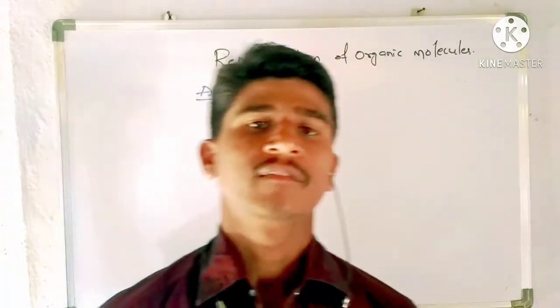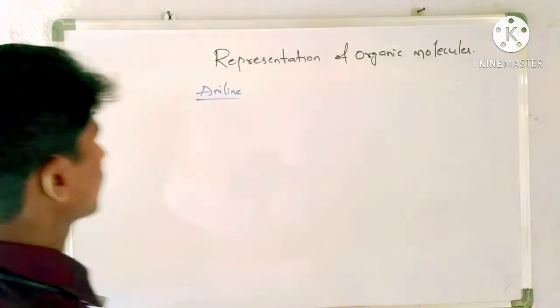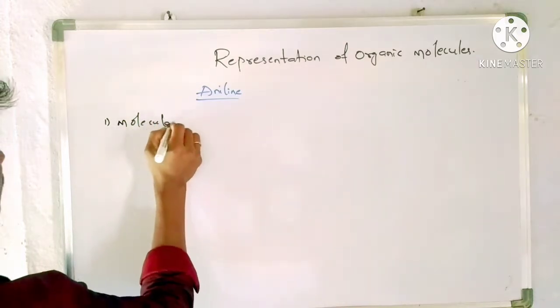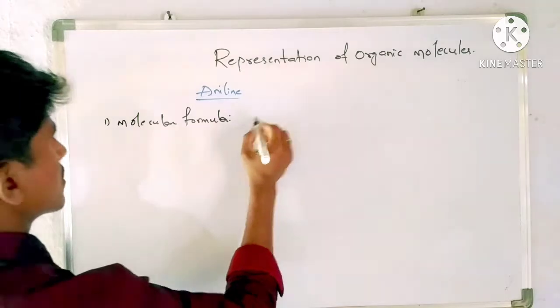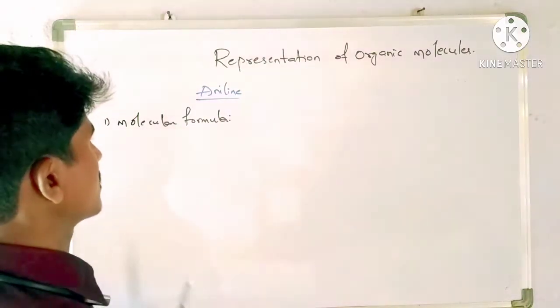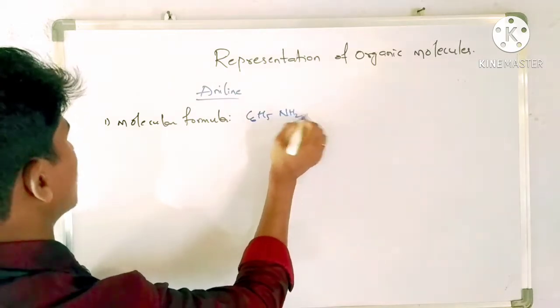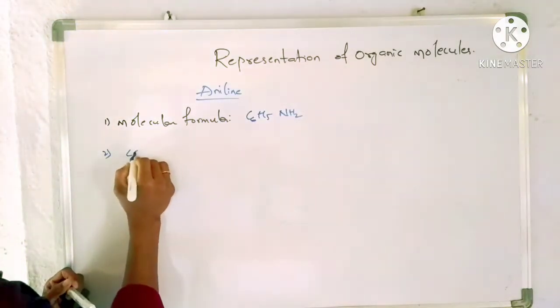For aniline, we represent the different formulas. The first one is the molecular formula. For aniline, the molecular formula is C6H5NH2. This is the molecular formula for aniline. The next one is the condensed structural formula.